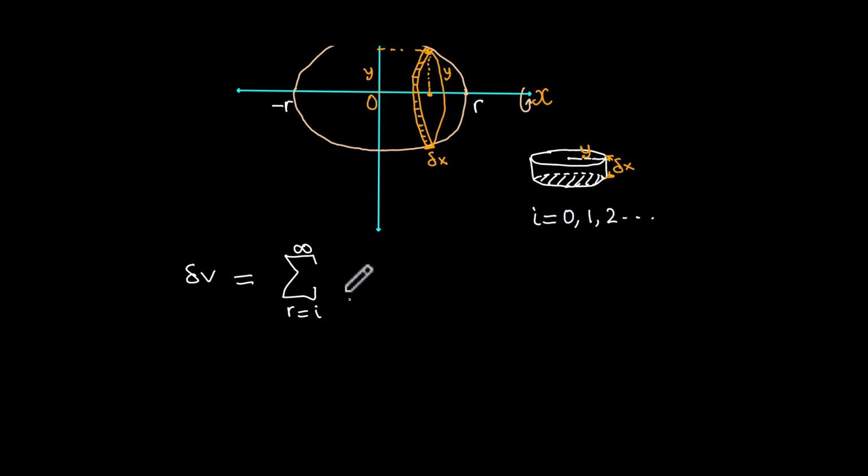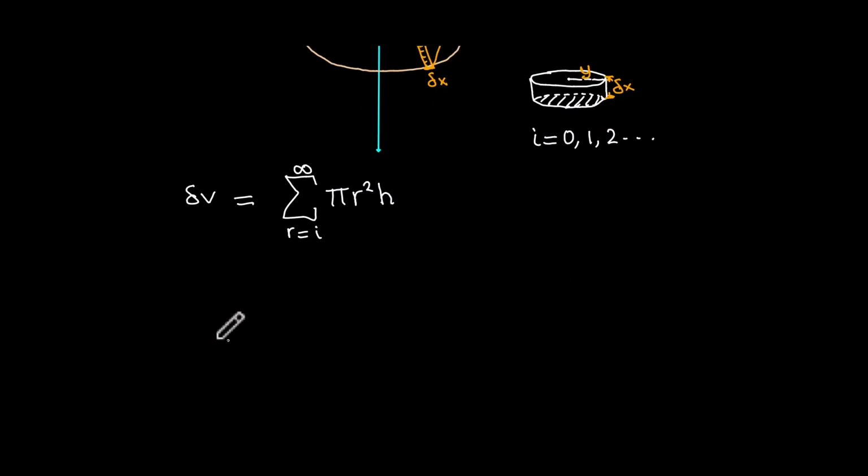So for that case, we will estimate the volume of one of these disks. From this diagram, we have the area of the base as pi r square times the height h to make its volume. And remember, this h here, according to our diagram, is delta x. So let's go on and make the substitution.